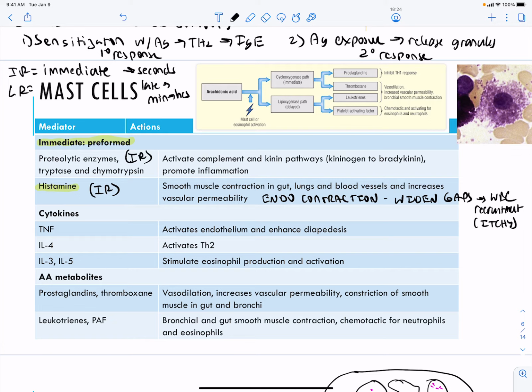Now we also have proteolytic enzymes. Tryptase and chymotrypsin are going to be released. And these are going to activate complement and the kinin pathways, kininogen and bradykinin. They increase mucus secretion. They are going to lead to smooth muscle contraction in the bronchi.